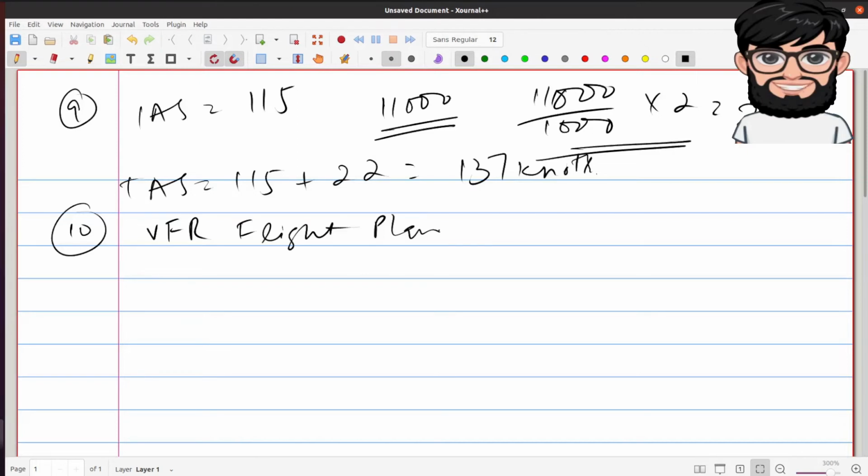Then the second thing is to draw course lines and mark checkpoints on the chart. Then we're going to be entering the checkpoints on the log, the NOTAMs on the log, and the VOR courses on the log. These are best even if you have a handheld GPS device. You should be doing that.